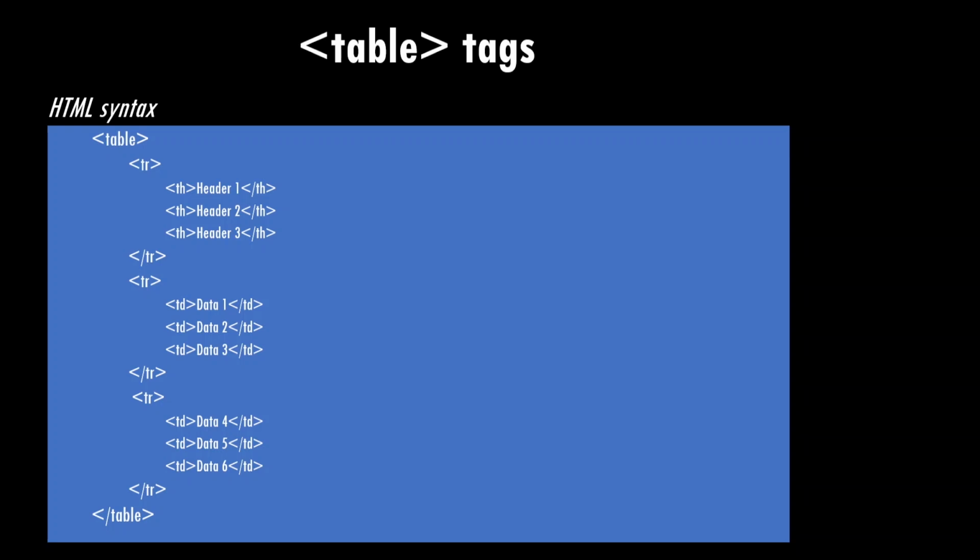First one is table, then TR, table row, and then TH, table header, header 1, header 2, header 3. Then second row, there is TD, data 1, data 2, data 3. So there is 3 rows and there is 3 columns.